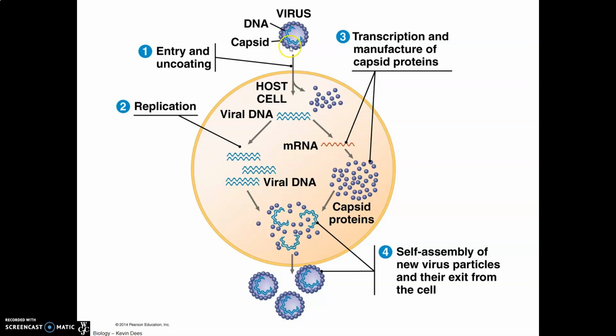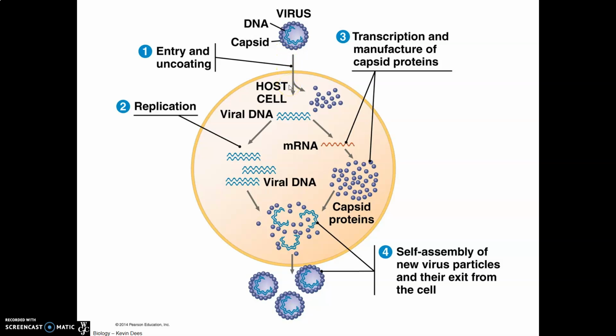In this case, we're looking at a virus that contains DNA. Now, the virus has to find some way to get into a host cell. And as you'll see, there are some very particular cell-to-cell recognition mechanisms that are going to be used that allow the virus to only enter into a specific host cell.